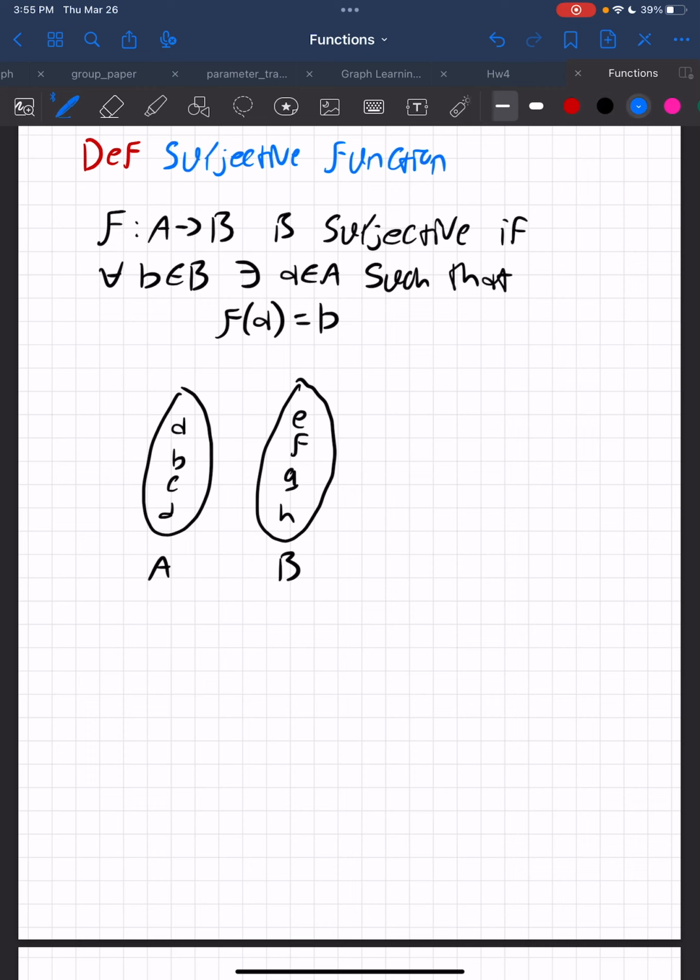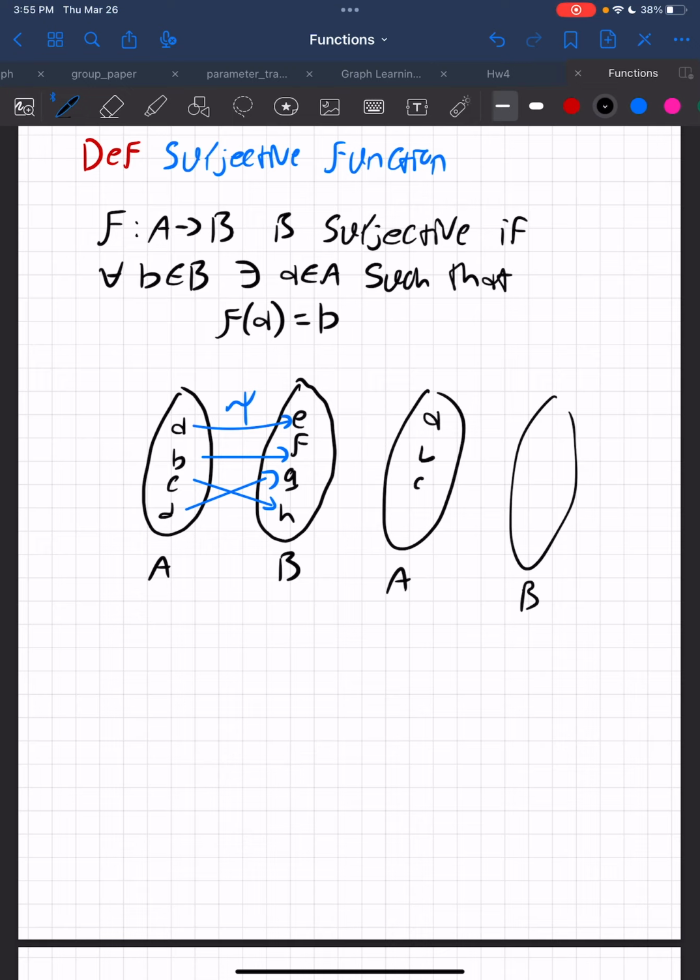So if I have that maybe psi of a equals e, psi of b equals f, psi of c equals h, and psi of d equals g, well, if I give you f, you can tell me b maps to f. If I give you h, you can tell me c maps to h.